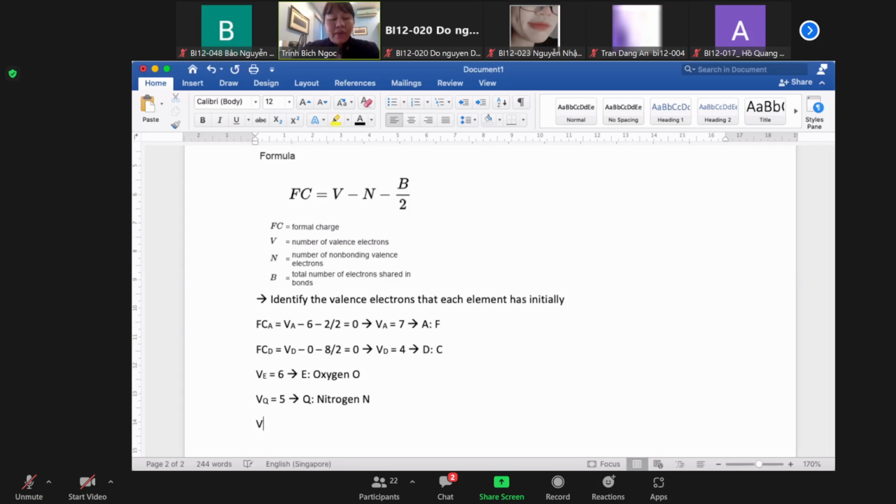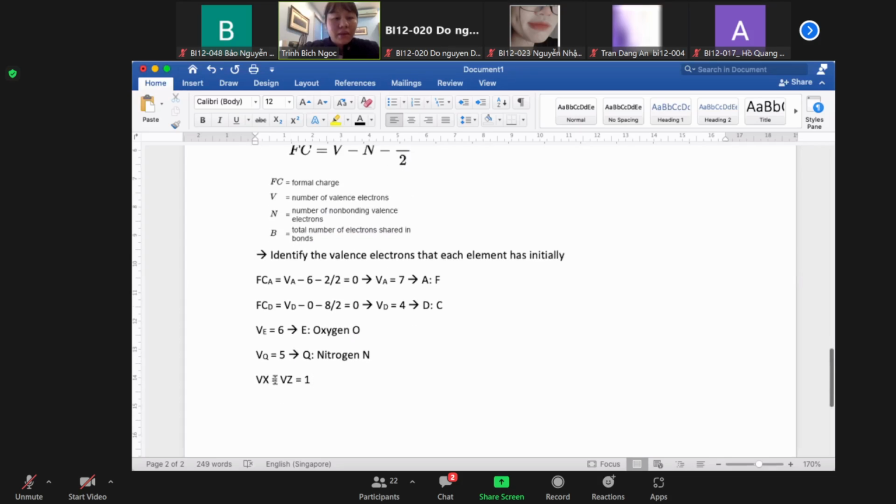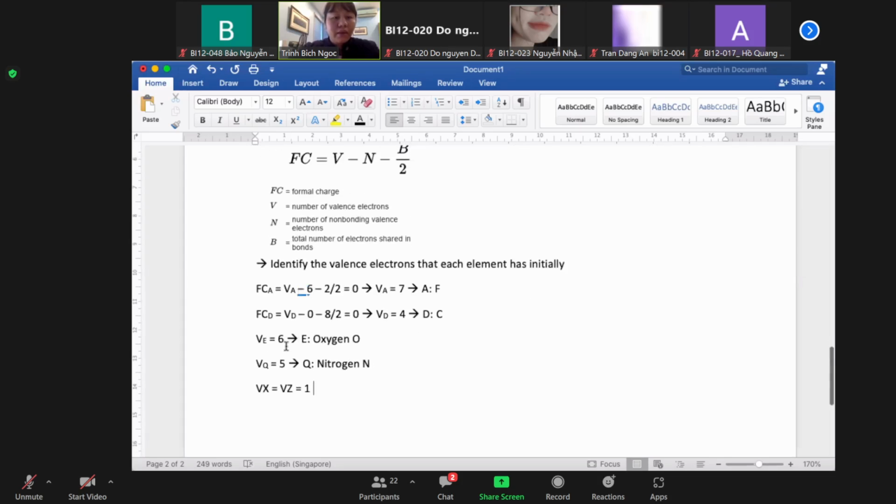Then you have V_X equal to V_Z equal to 1, but X and Z are different.